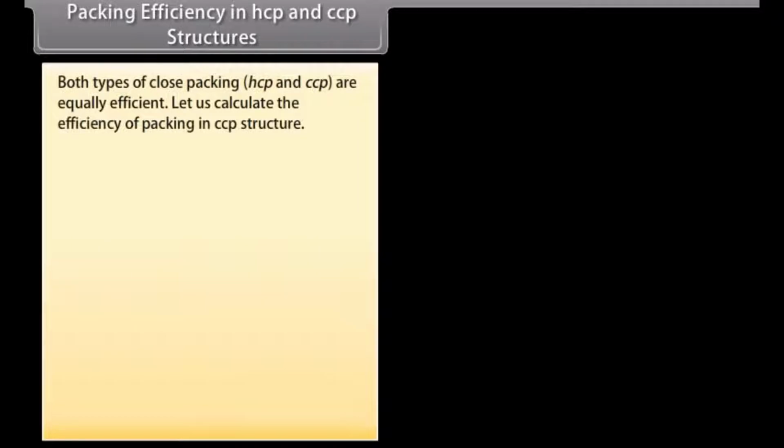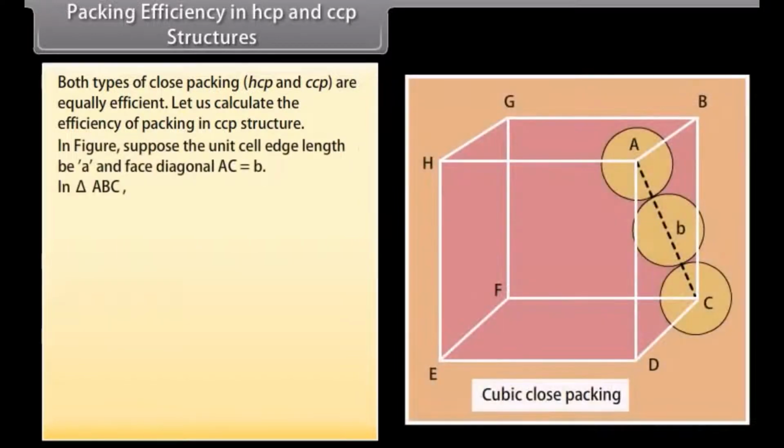Packing efficiency in HCP and CCP structures. Both types of close packing, HCP and CCP, are equally efficient. Let us calculate the efficiency of packing in CCP structure. In the figure, suppose the unit cell edge length is AB equal to a and the face diagonal AC is equal to b.